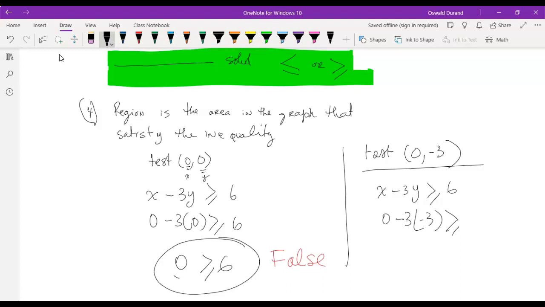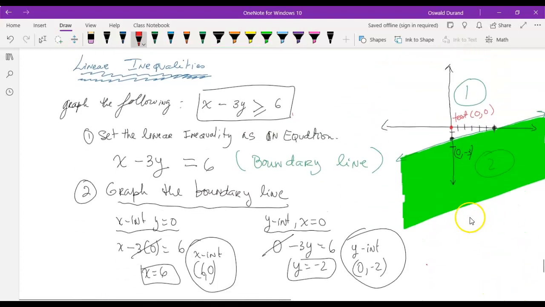So 0 minus 3 times negative 3 is positive 9. And 9 is greater than or equal to 6. I can be confident that 9 is definitely greater than or equal to 6. That's a true statement. So I'm confirming that the region, or the solution of this inequality, is the boundary line and everything at the bottom.